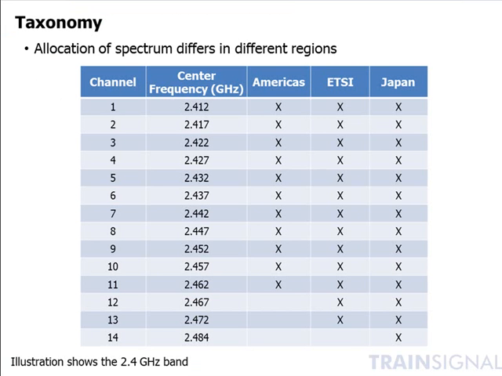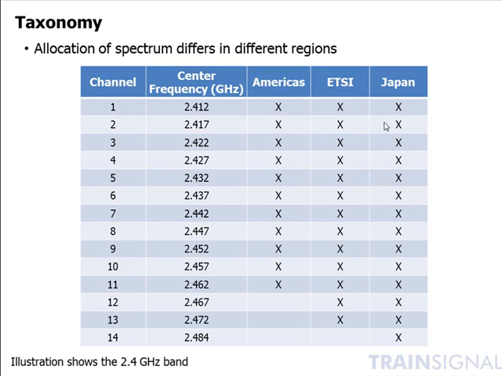So one of the first things that is regulated is what the spectrum is being used for. And here you can see that different countries around the world are using the 2.4 gigahertz band, but the amount of spectrum that they've made available is different. So if you look here in the Americas, we have allocated channels 1 to 11 in the 2.4 gigahertz band.